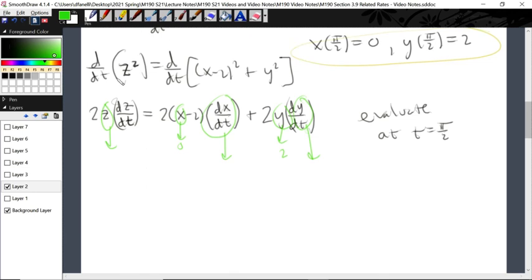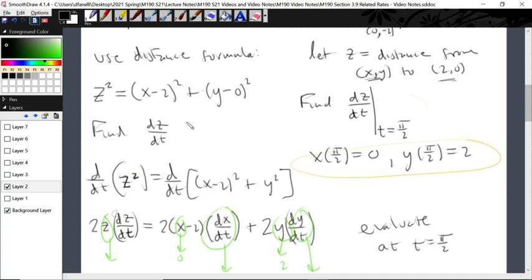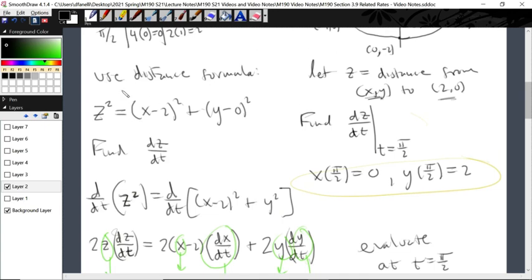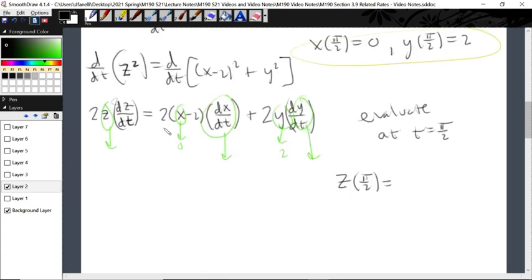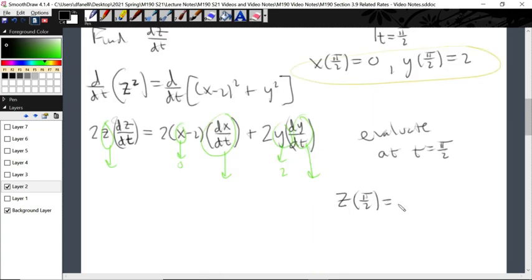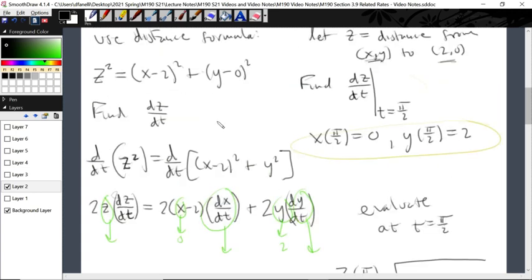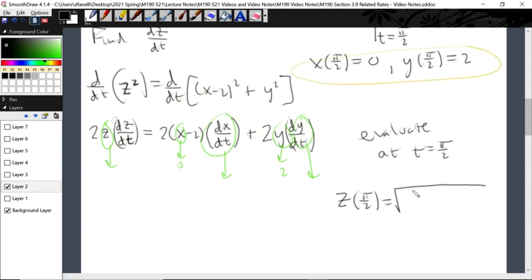How do we find, let's start with z, how do we find z of pi over 2? Well, we found a way to relate z to x and y right here. So z of pi over 2 is equal to the principal square root, because z was a distance, of x at pi over 2, which was 0, minus 2 squared, plus y at pi over 2, which was 2 squared.